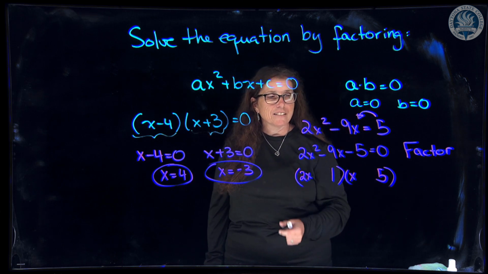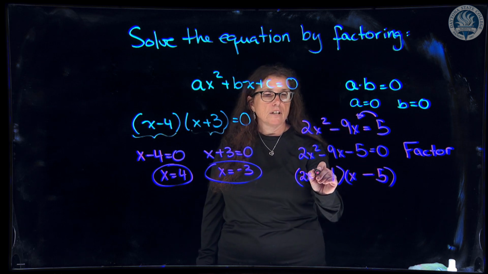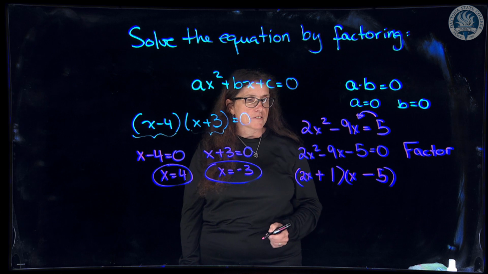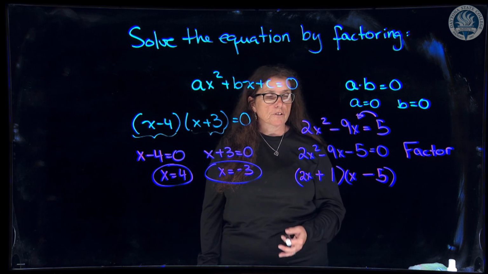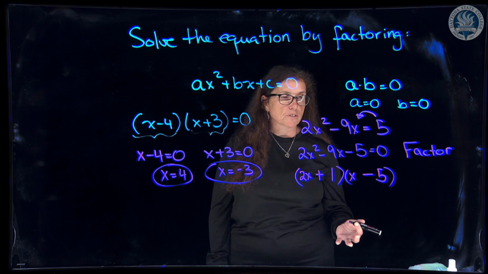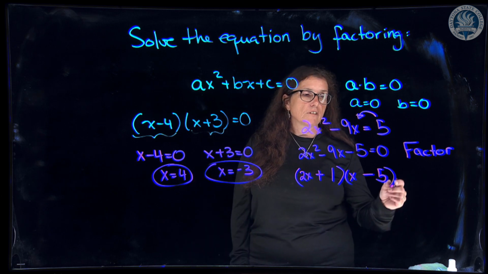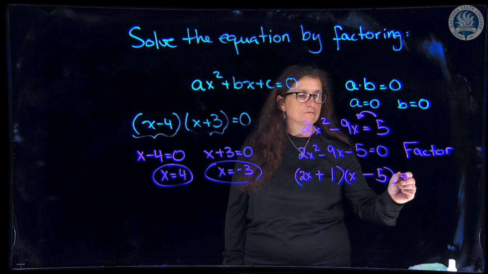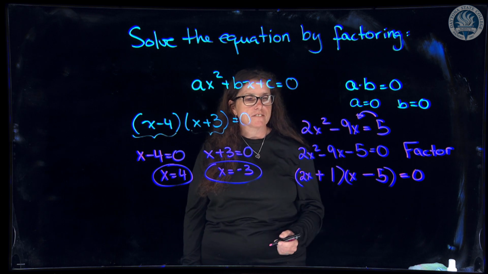I need a negative 9, so I'm making this one negative and this factor positive. Now you try something. If it doesn't work, erase it and try something new. On the other hand, I've been doing this for 30 years, so I pretty much know what's going on in this case. So I have my factors.